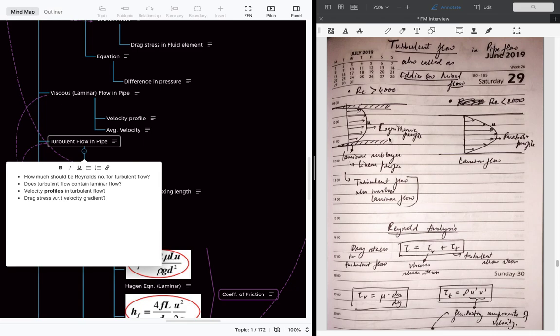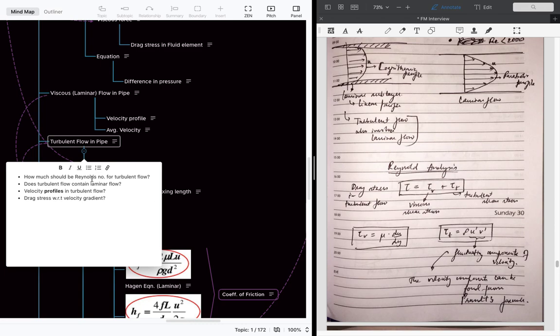This profile is called the logarithmic profile, and this small layer is called the laminar sublayer, and it has a linear profile. Turbulent flow basically contains a very small portion of laminar flow, because this laminar flow is due to the friction or the viscosity of the pipe, which creates the boundary layer. We will see that later.